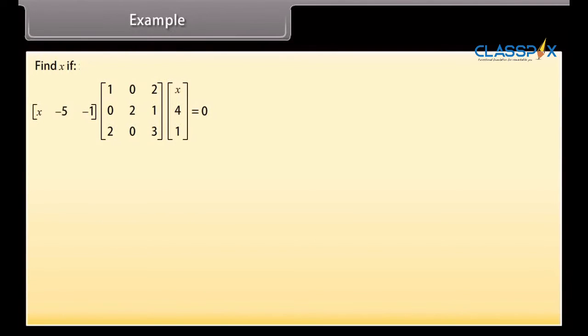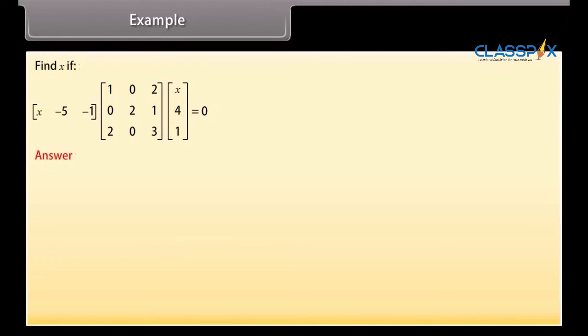Example. Find x if matrix row-wise first row x, minus 5, minus 1 multiplied by matrix row-wise first row 1, 0, 2, second row 0, 2, 1, third row 2, 0, 3 multiplied by matrix row-wise first row x, second row 4, third row 1 is equal to 0.